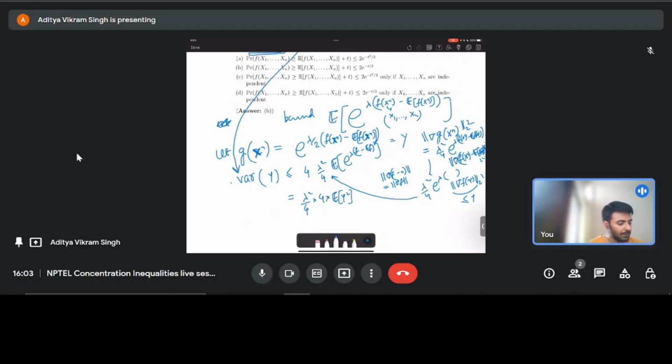We defined y as this, so we have taken a square of y and then this expectation here.